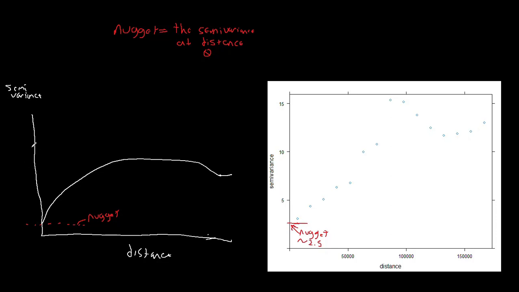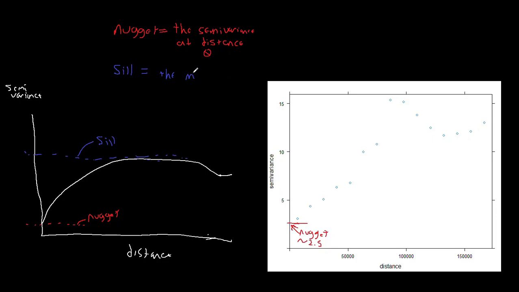Okay. So just like we have a semivariance value at 0, we have another value we need to worry about, and that is going to be right here. This is called the sill. Now the sill is the maximum. I shouldn't say the max.